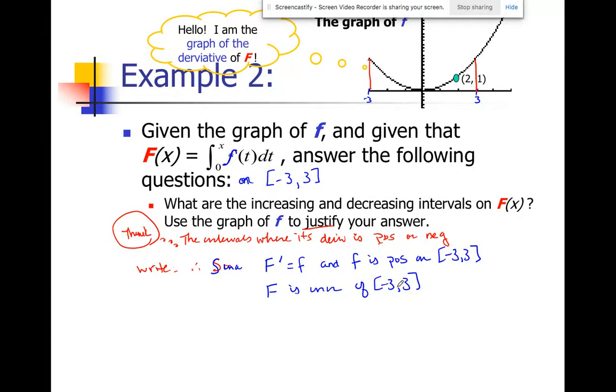Whoa. Whoa! I didn't do any integrating. I didn't plug and chug, but I already know on the interval from -3 to 3, the graph I can't see is increasing.